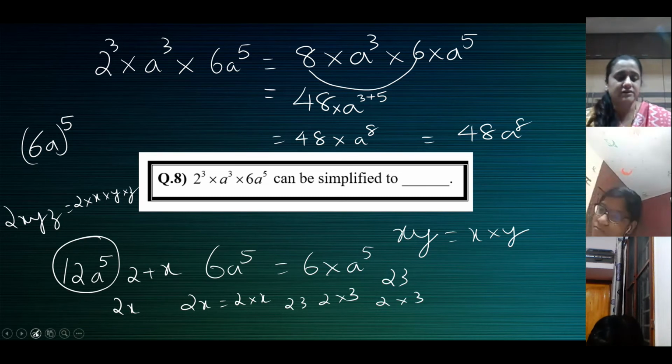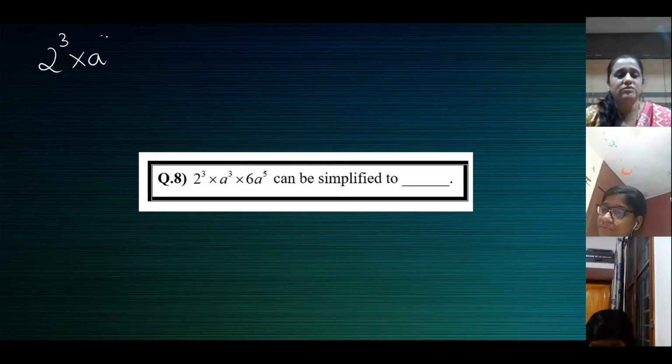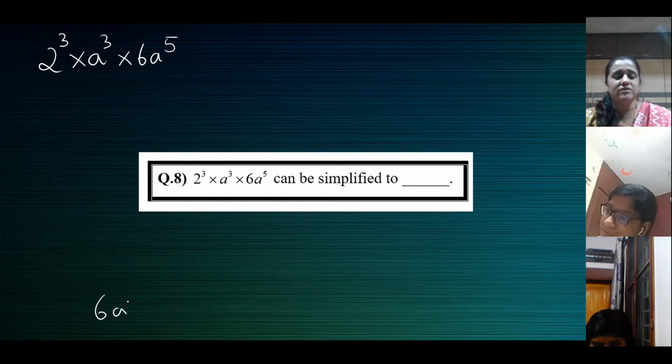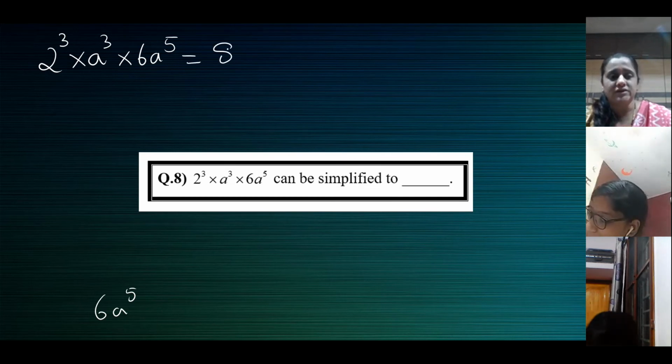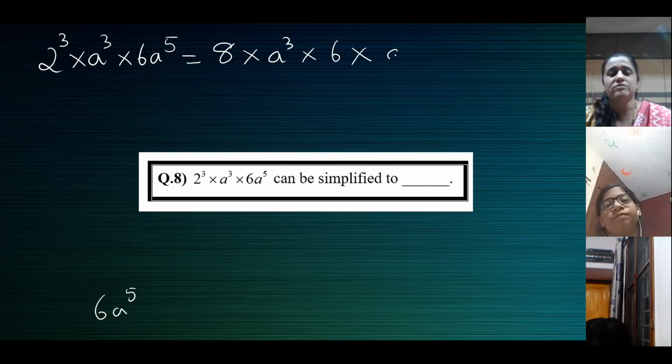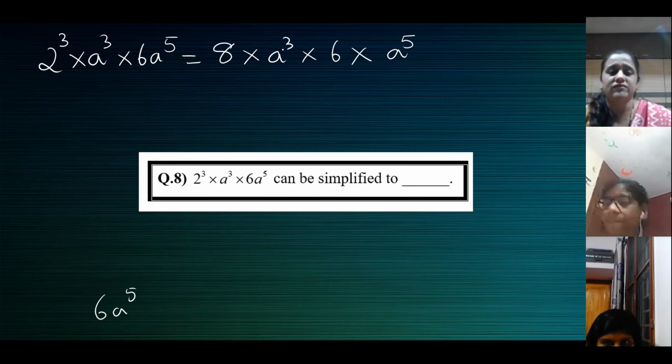I'll write it neatly again. Watch the screen. The given expression is 2 cubed into a to the power 3 into 6a to the power 5. I told you in 6a to the power 5, the power 5 is only for a, it is not for 6. It's 6 into a to the power 5. So this is 2 cubed is 8 into a cubed into 6 into a to the power 5.